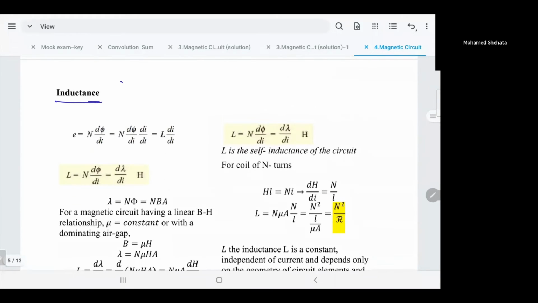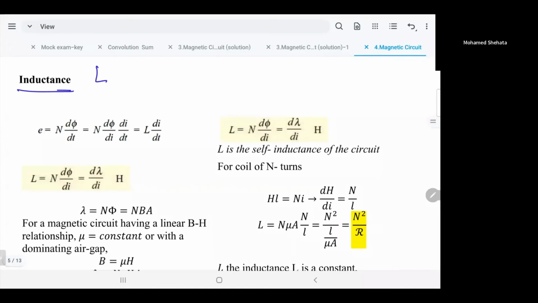Inductance, that we call L. Let's just go through it. That's the induced EMF, removing the negative sign, because the negative sign, as explained, is just the meaning of the reaction. So let's look at the magnitude of the EMF. It depends on N d phi by dt. How do you find d phi by dt? You will say d phi by di, di by dt. It's the same thing, right? And d phi by di, the change of magnetic flux with respect to current, that's what we call the inductance.